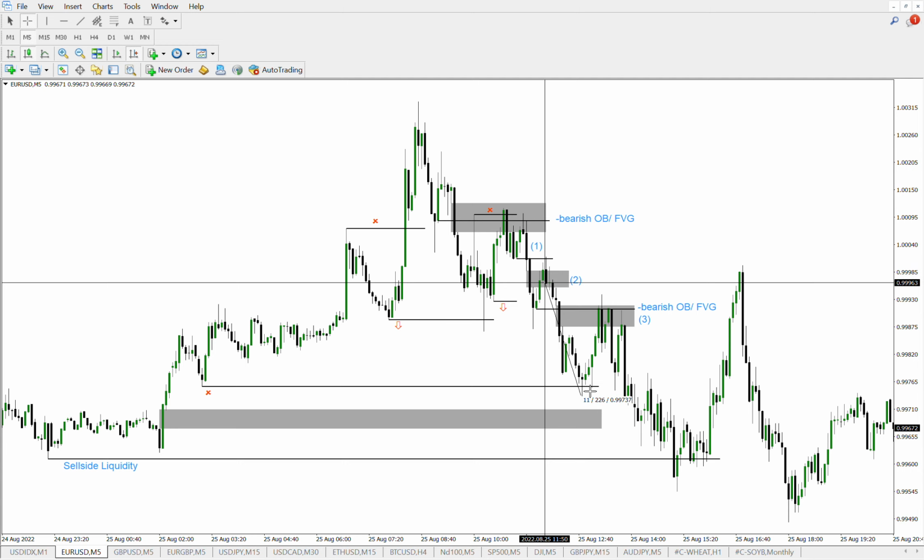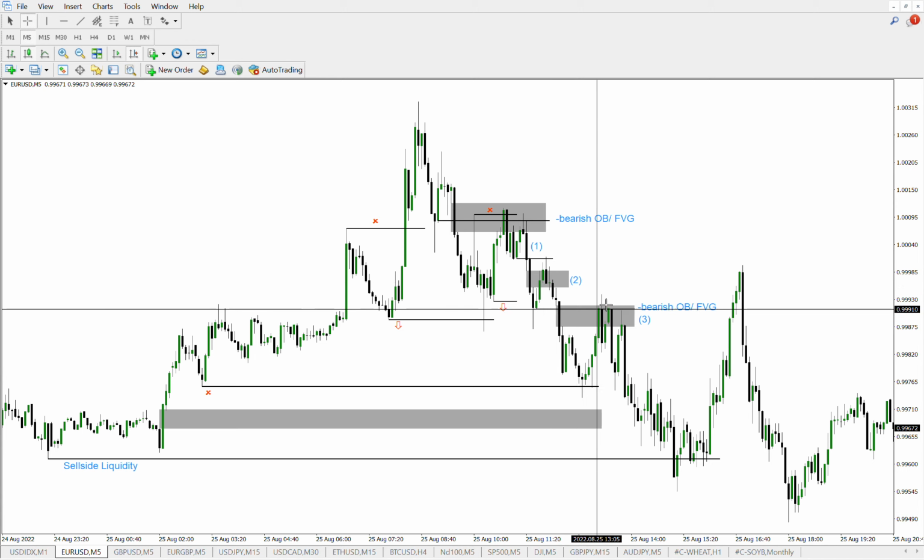Let's just say 20 pips there. So that's 55 pips. And then we'll say 30 pips here. All right, so that is 35, 55, 85 pips captured on euro.